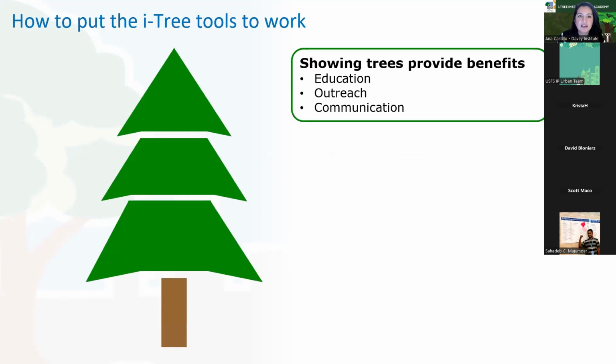So we think about these ideas of how you might share the results in a kind of hierarchy. So first is showing that trees provide benefits. You've been learning for the past few weeks now about tree benefits, or maybe you already understood this from your work, but that can be a pretty novel idea to a lot of people.